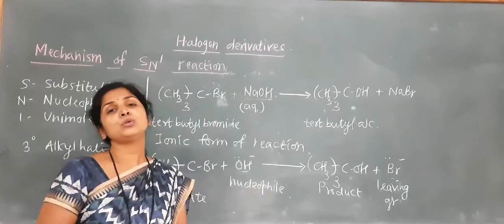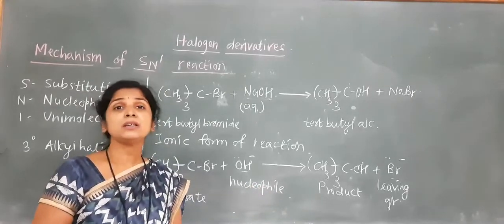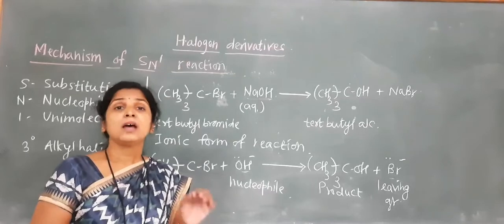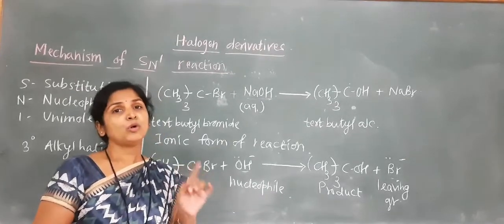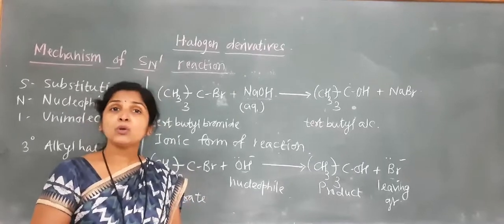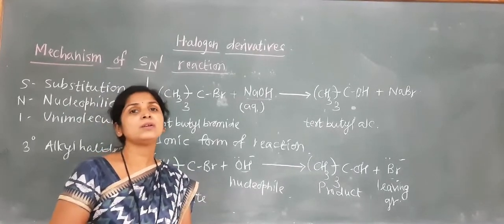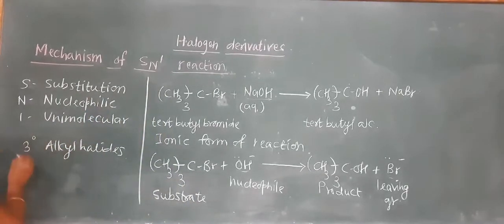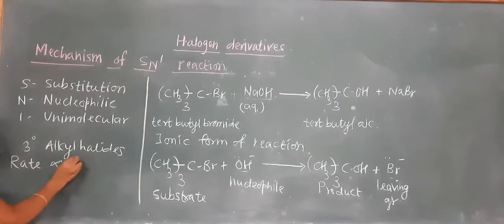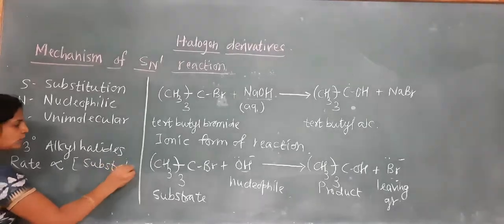Now, when we talk about the alkaline hydrolysis of the tertiary alkyl halides, we are saying that at the slowest step only one molecule is present, that of the substrate molecule. So the rate of the reaction is directly proportional to the concentration of the substrate molecule.